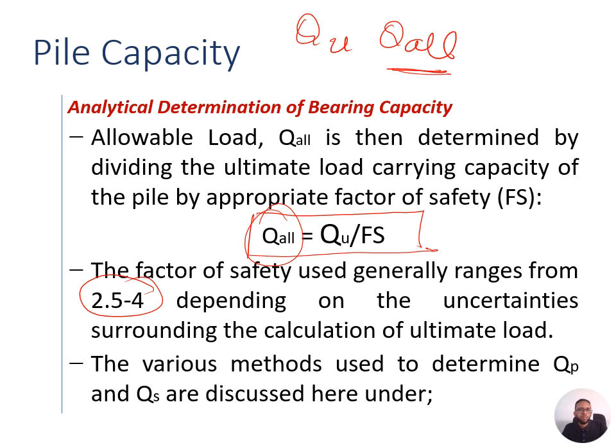A higher factor of safety may be applied in case of significant uncertainty, like variability in soil condition or weak soils. Various methods are employed to determine the components of pile capacity, Qp and Qs, that we are going to see in the next lectures.